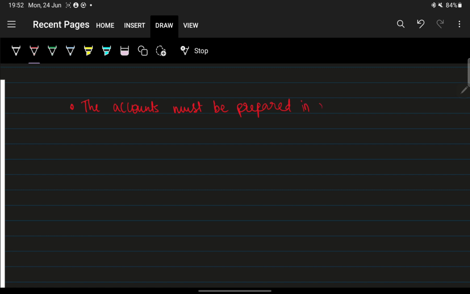The accounts should be drawn up as per their relevant entries.